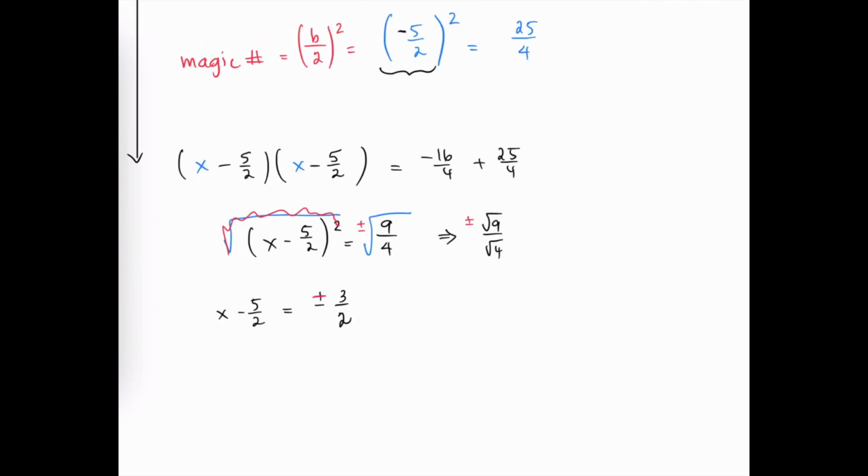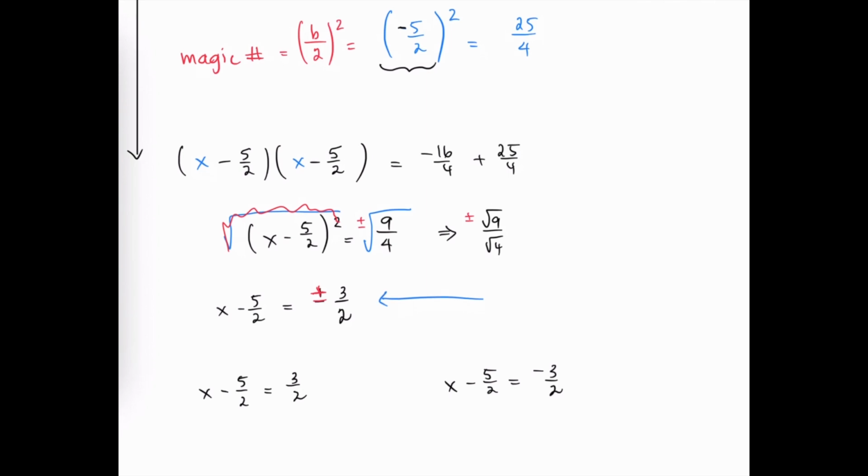Now, because we have a plus and a minus here, we actually want to split this up into 2 separate equations, one of which is x minus 5/2 is equal to the positive 3/2, and the other is x minus 5/2 is equal to the negative 3/2. So this gets split up into 2 separate equations, which makes them easier to solve individually.